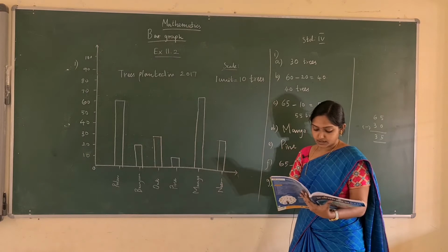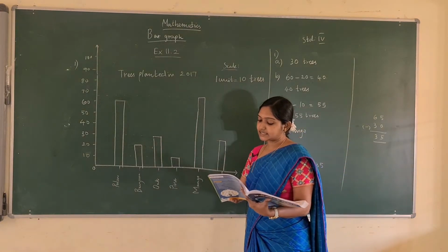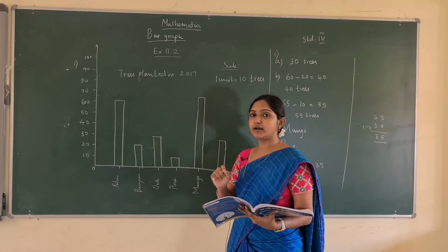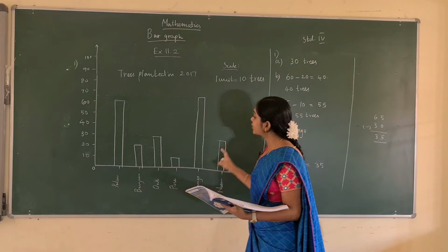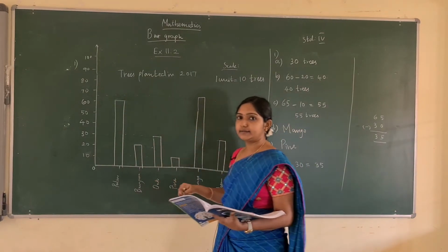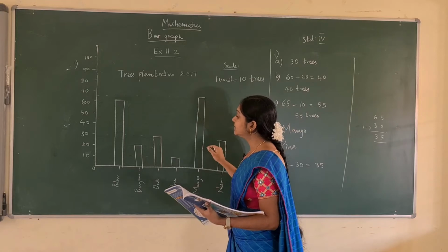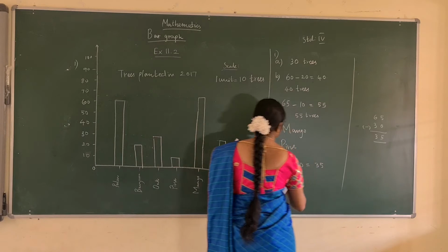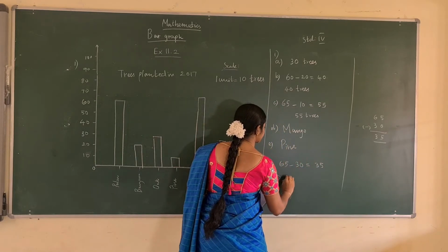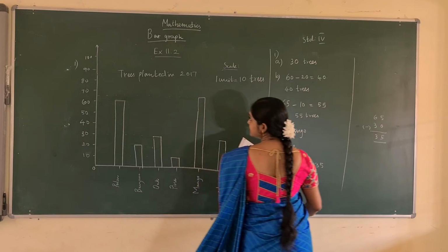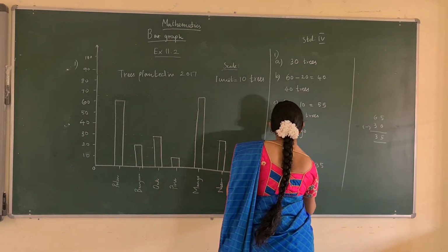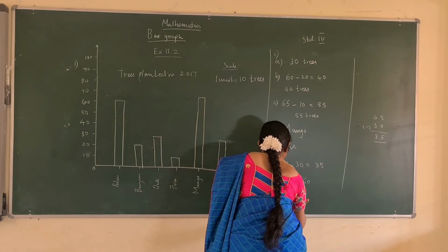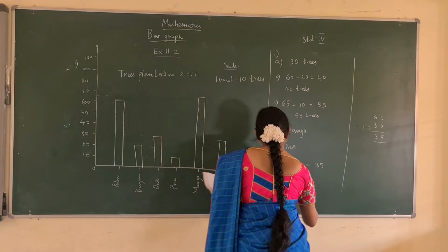Next question, how many trees were planted in the city in all? So we have to find the number of all the trees and then add. First find the number of all the trees given. First it is palm tree. Palm tree is 60. Next, banyan. Banyan is 20.